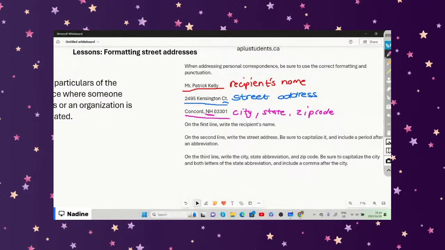Because if we didn't have Mr. Patrick Kelly's, for example, details, we wouldn't have known the street name, the number of the house, the city, state, or the zip code. So this is the format in which you need to address personal correspondence, as well as with the proper punctuation marks, as to where the period must be, where the comma must be, and so on.